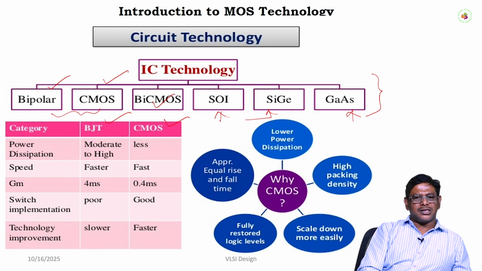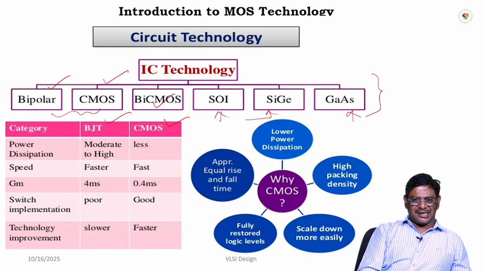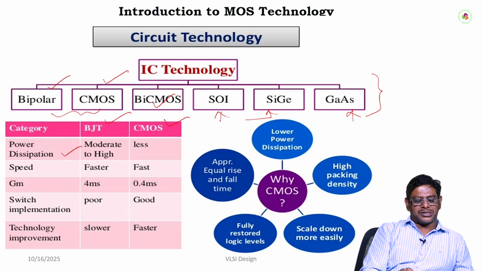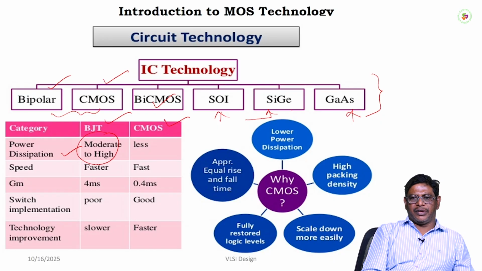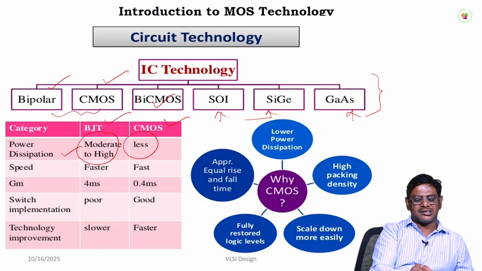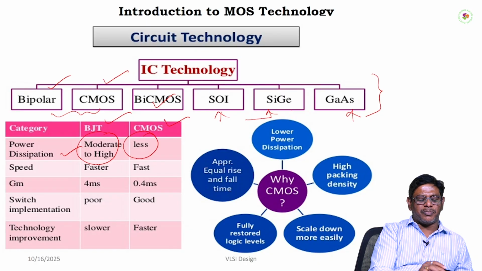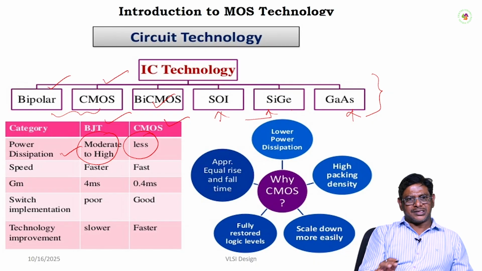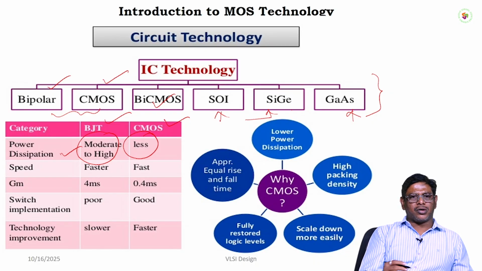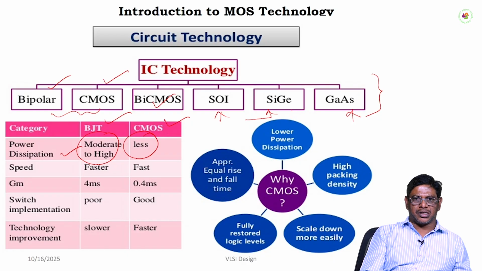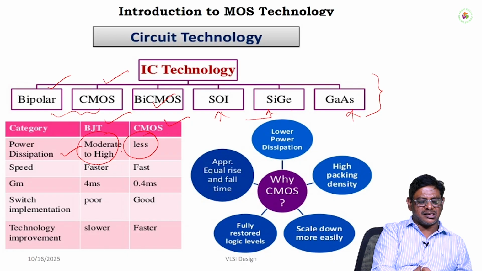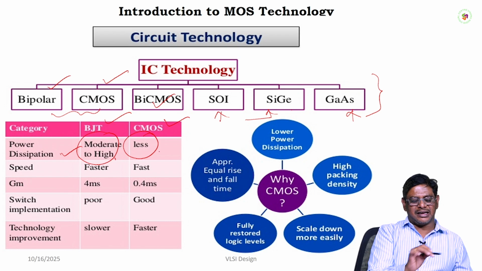So let us see the differences between BJT and CMOS. When it comes to power dissipation, it is moderately high in BJT, whereas in CMOS it is comparatively less. The amount of power consumption and power dissipation are proportional: when there is more consumption, obviously there will be more dissipation. So power dissipation is high in BJT, whereas in CMOS it is less.